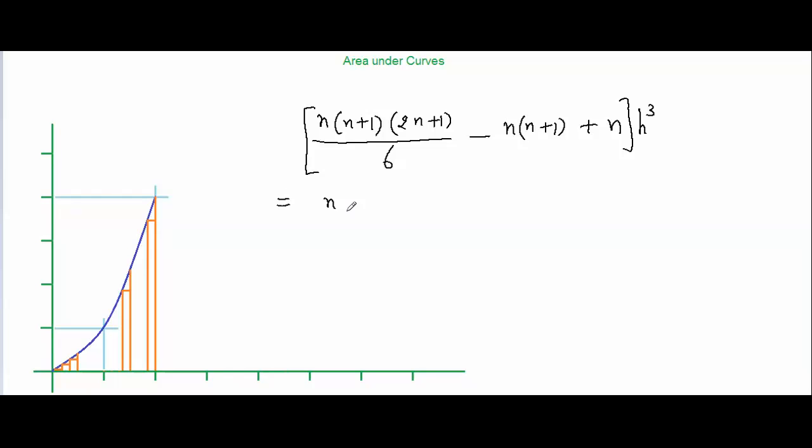This is simply n into n plus 1 into 2n plus 1 divided by 6, minus n square minus n plus n cancel.